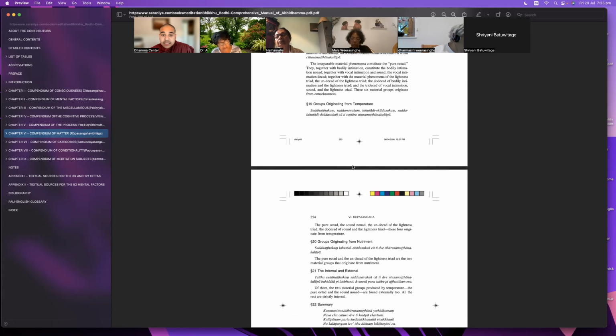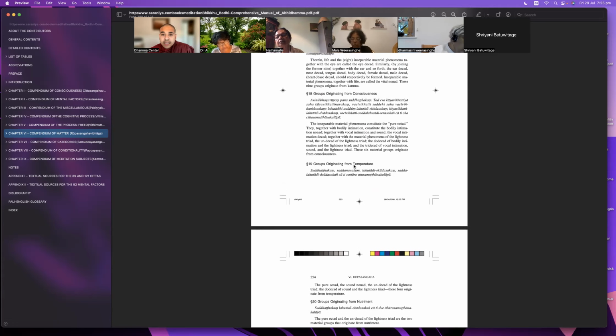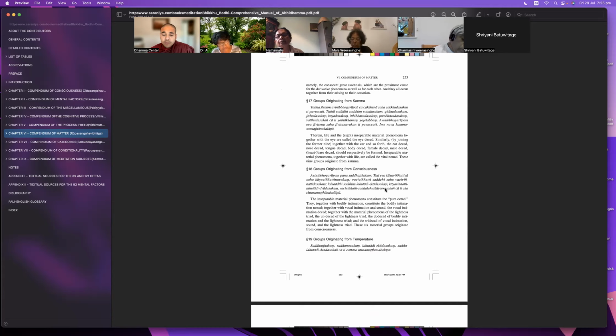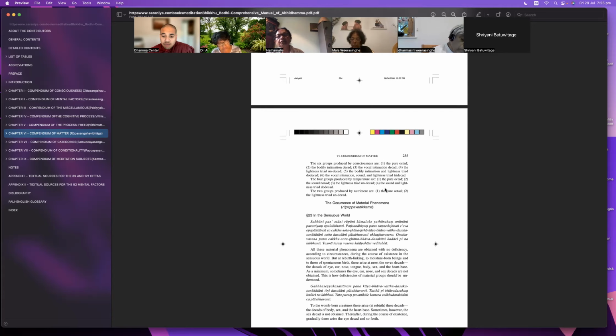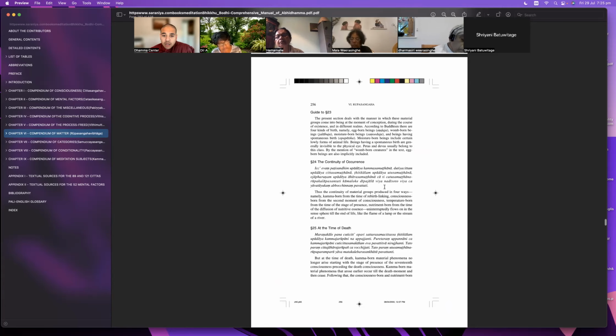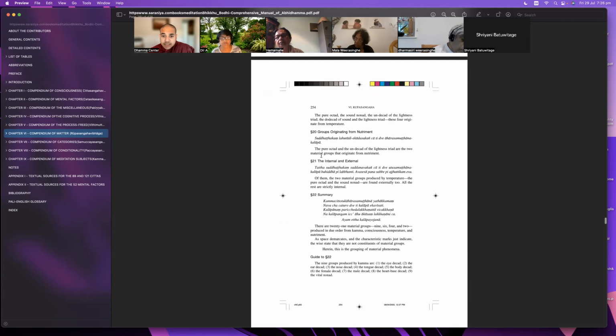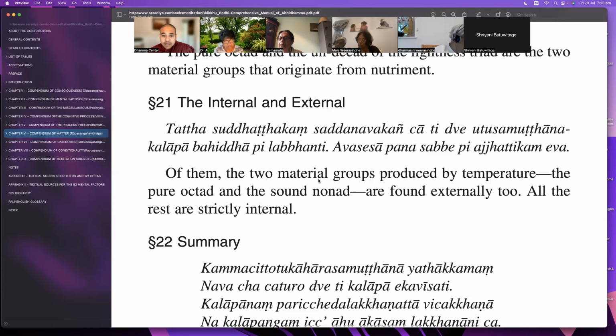Temperature. That is clear. But does it in any case offer an explanation of how that nutriment is present there? Groups originating from nutriment. Let us try this one, number 20. The pure octad and the undecad of lightness triad are two material groups that originate from nutriment.